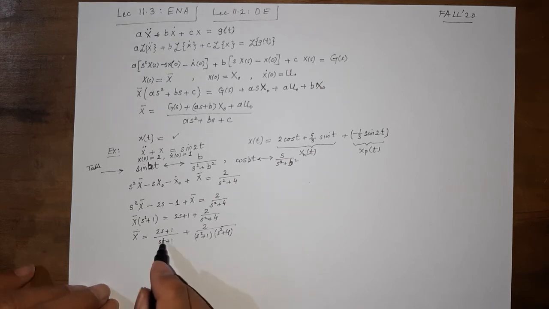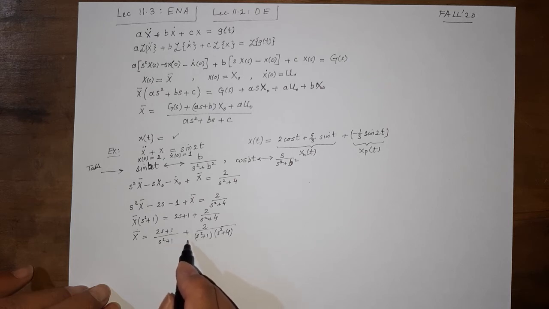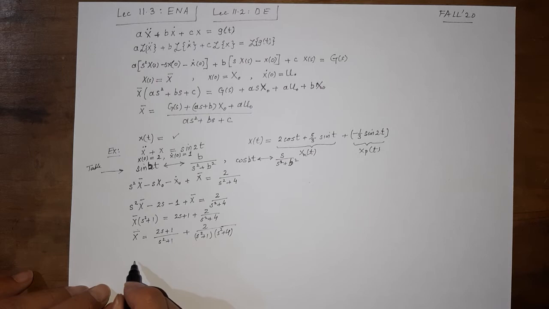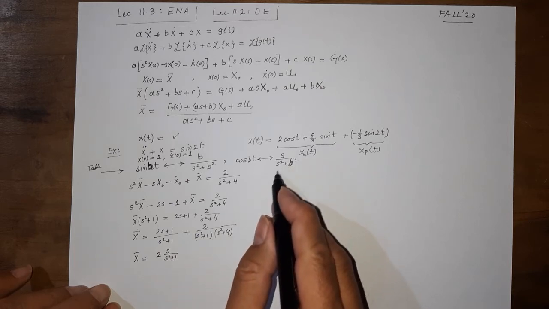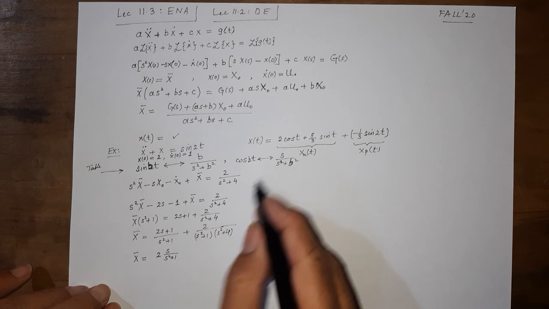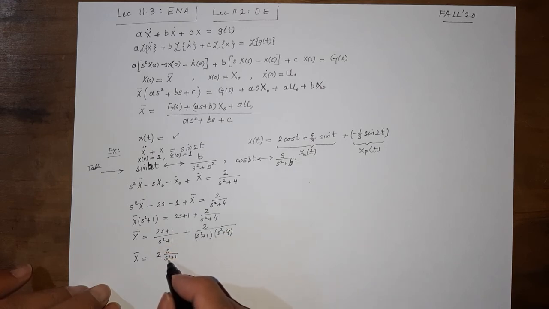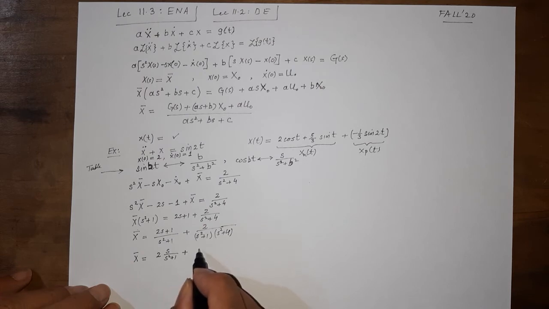So for example, this term can be written as 2s over s square plus 1 plus 1 over s square plus 1. So we can write x bar as 2s over s square plus 1, and we can now very easily relate this with this and see that the inverse transform of this is going to be some cosine function, plus 1 over s square plus 1.